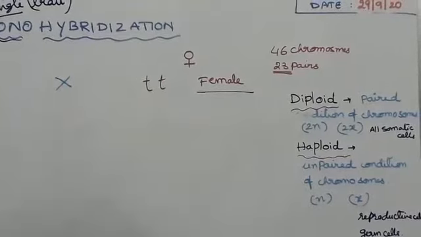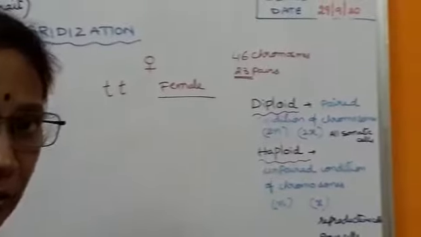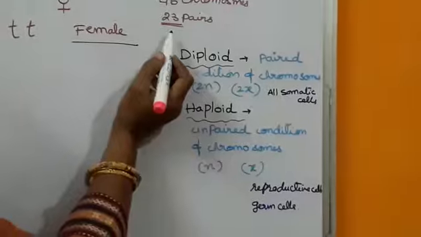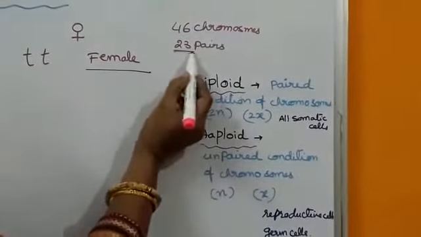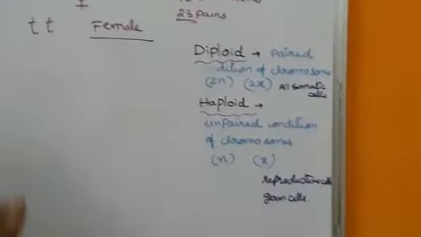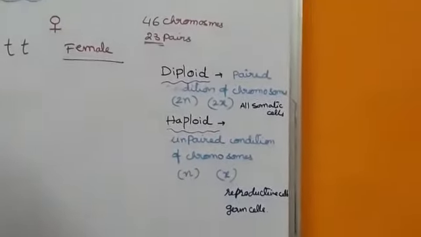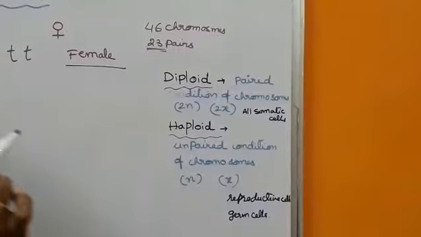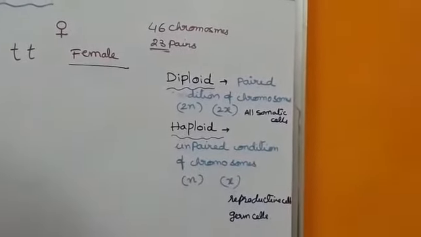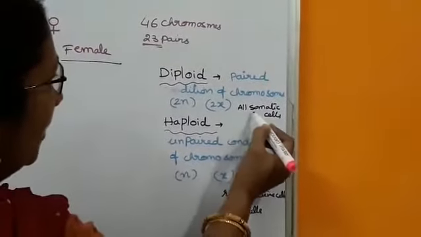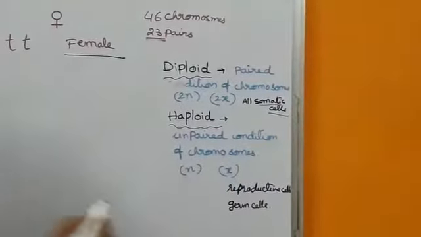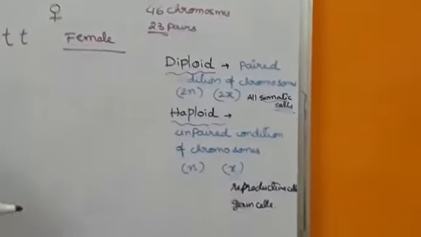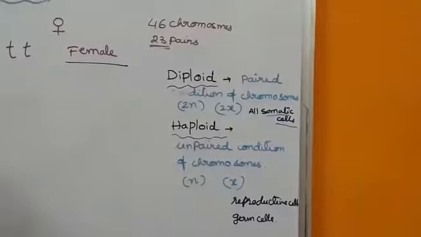This paired condition of chromosomes is present in each and every cell of our body, the 23 pairs. That is called all somatic cells. We have two types of cells, somatic cells and germ cells, which we discussed in 9th class.